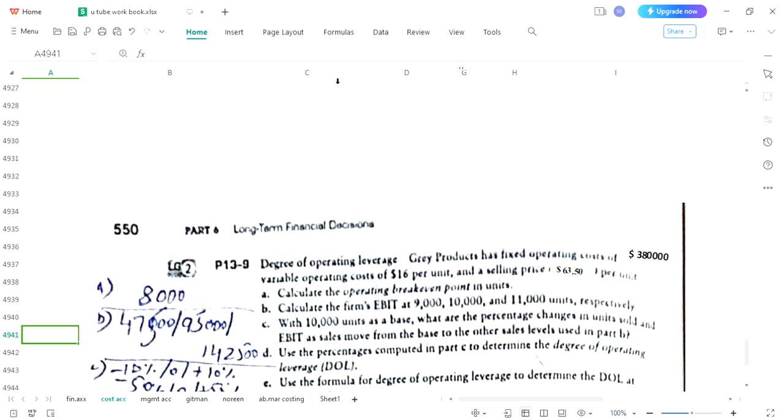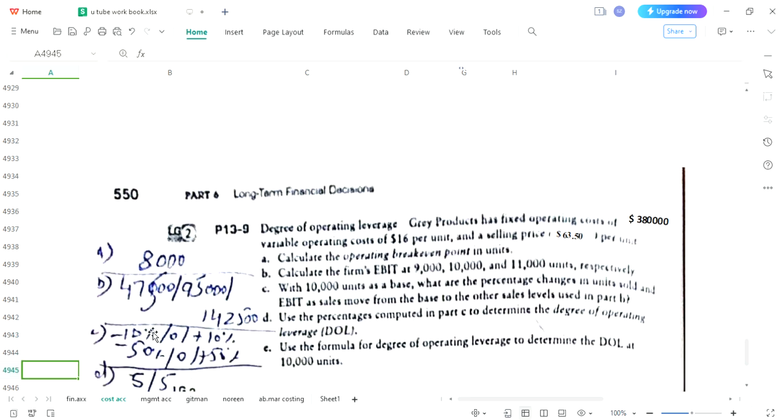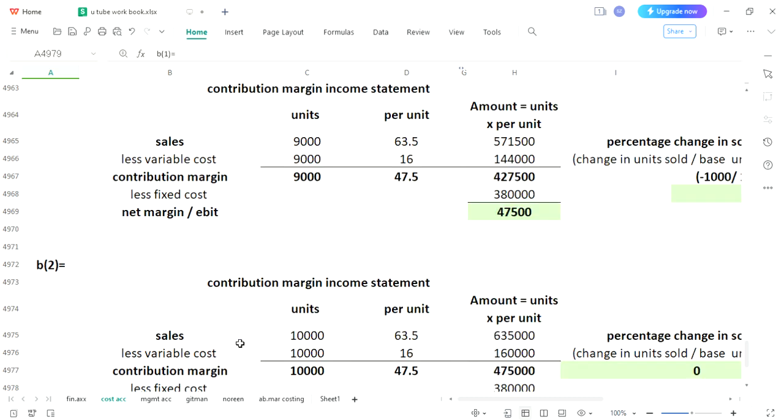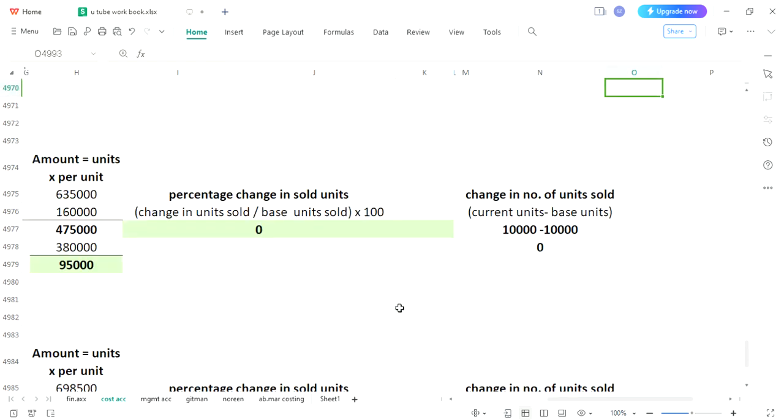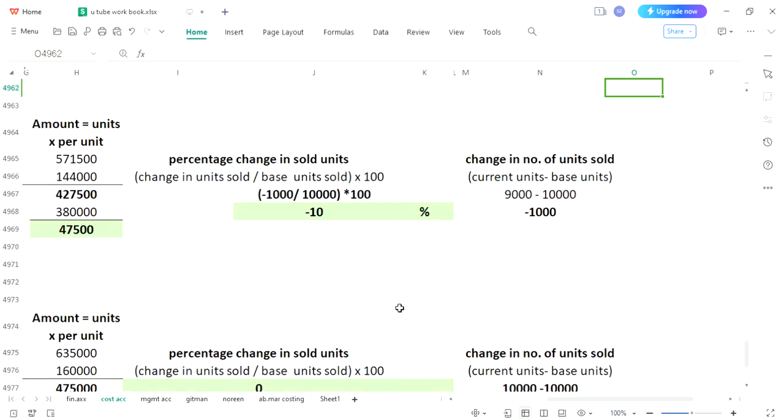What we have done, with a base of 10,000 units, percentages were required to be calculated. In part C, you can see there are 6 answers. So the first 3 answers, minus 10, 0 and plus 10, are what we have calculated over here. Plus 10, 0 and minus 10.